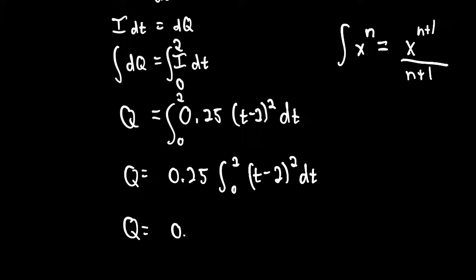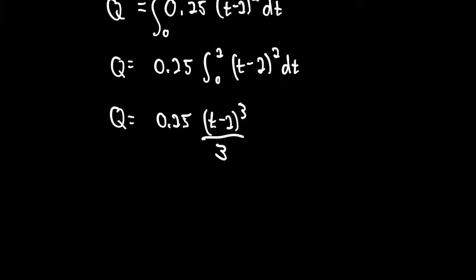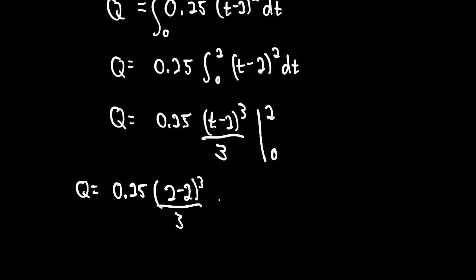Q equals 0.25 times t minus 2 to the n plus 1. What would that be? 3? Over 3. And I evaluate that between 0 and 2. So Q equals 0.25 times 2 minus 2 quantity cubed divided by 3 minus 0.25 times 0 minus 2 quantity cubed over 3.